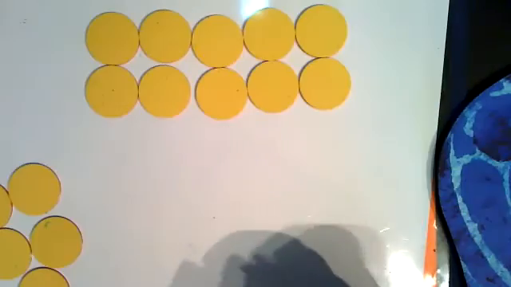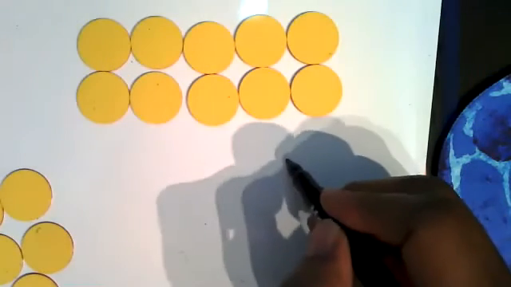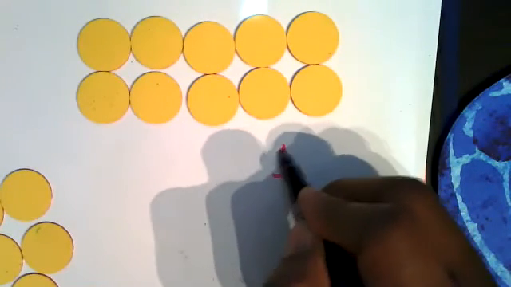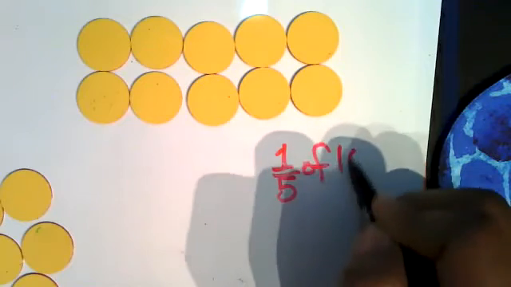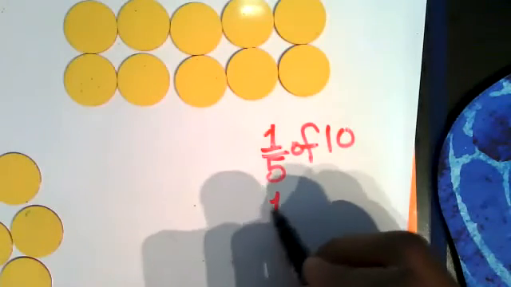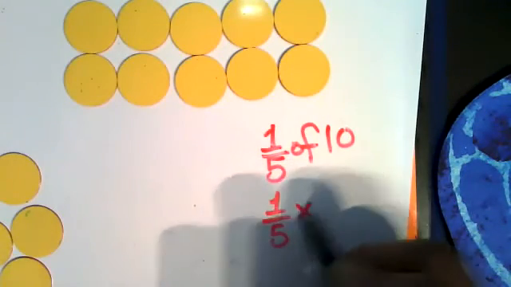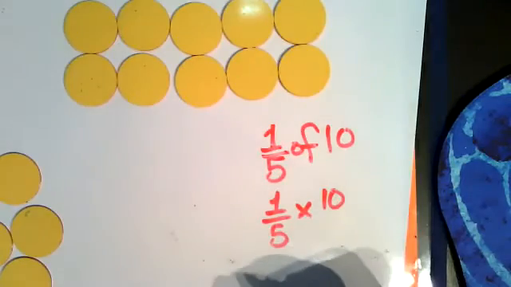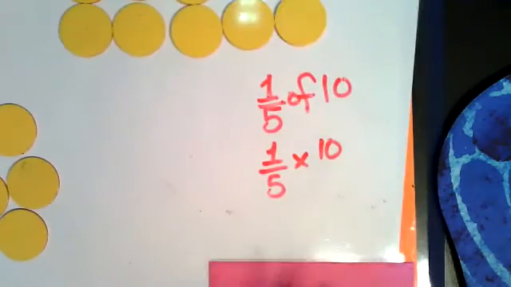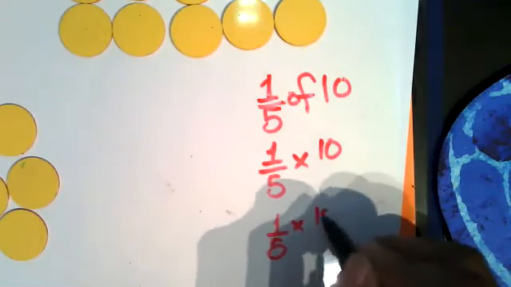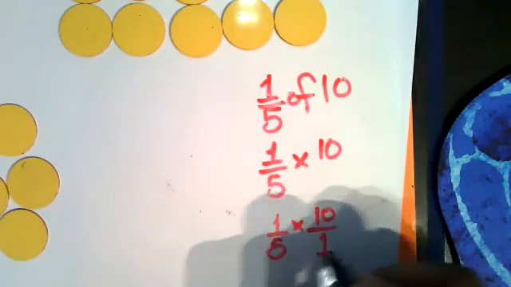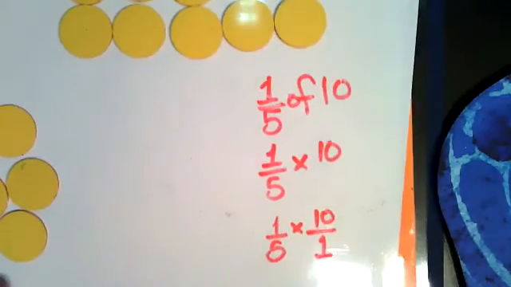That's pretty much saying 1/5 of 10. Guys, this is the same as saying 1/5 times 10. Also, it can look like this: 1/5 times 10 over 1. All of these mean the same thing.